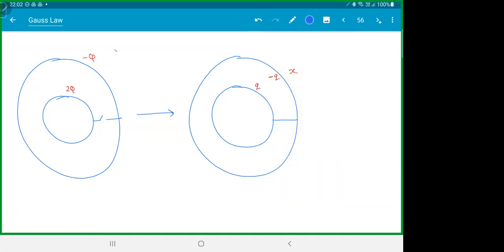Now, what is the total charge? Q, no? So when you connected the conductor, the total charge will remain constant, right? Total charge cannot change. What is the total charge? X, no? Since charge is conserved, X should be equal to Q. Agreed?